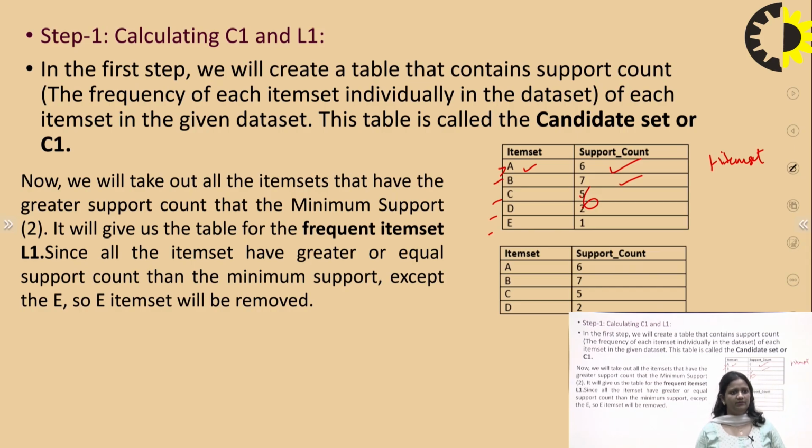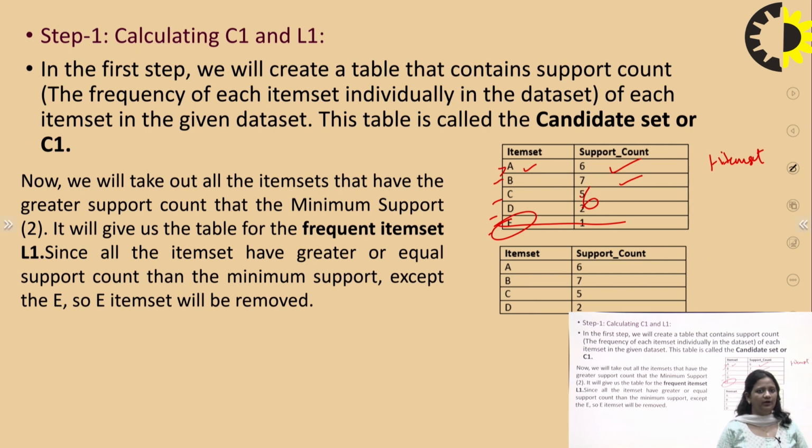Since all the item sets have a support count greater than or equal to 2 except E, item set E will be removed. E has a support count of 1, which is less than the minimum support count of 2 given in your question. So we eliminate item set E. This is called the frequent item set for the one-item case.